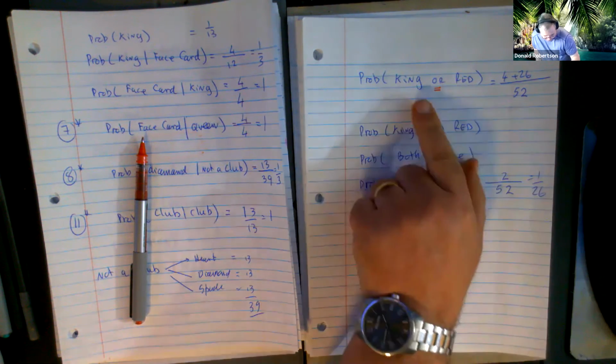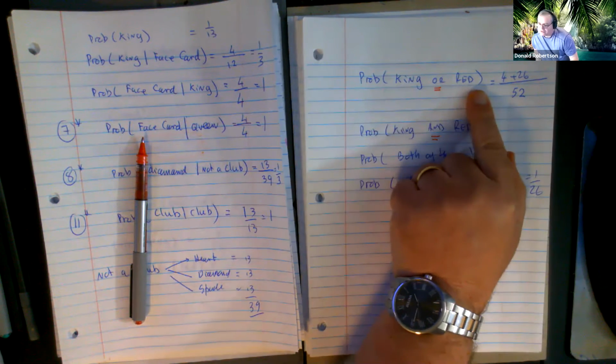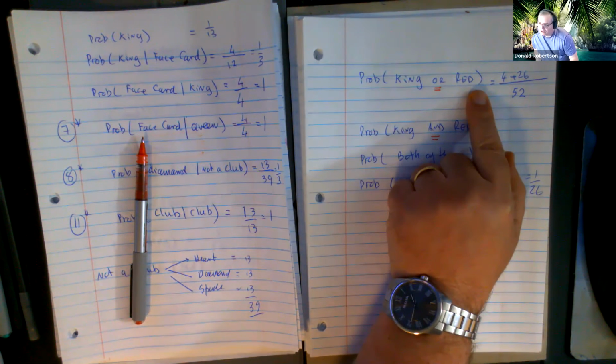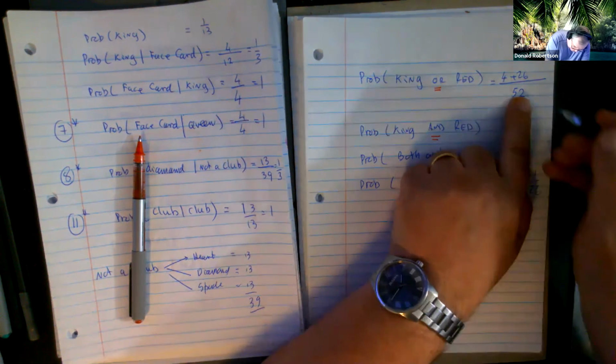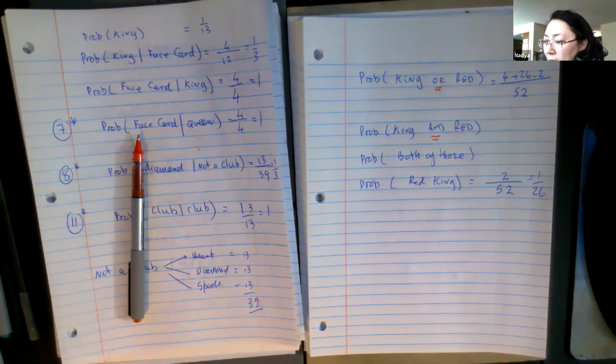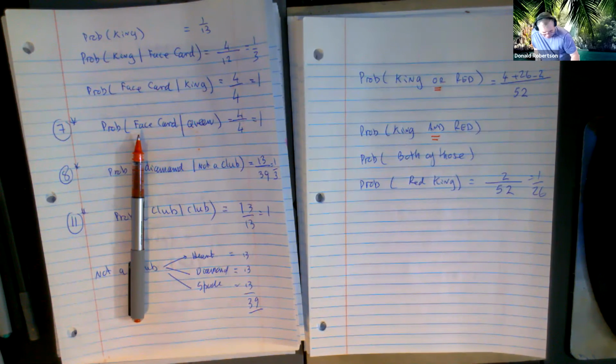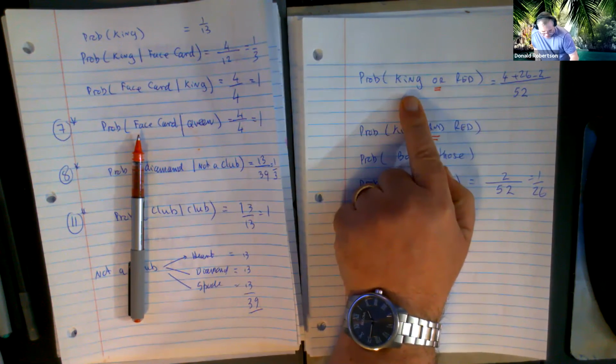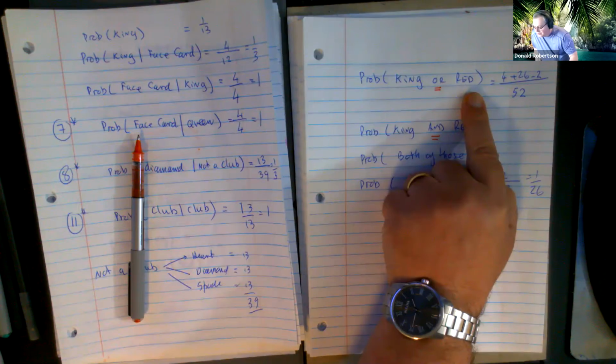Can you see that there are 4 kings and there are 26 reds? But haven't I counted some cards twice here? Haven't I counted red kings twice? Because it's not specified which one is named a king or which one is red. So what you need to do here is 4 kings, 26 red, and then take away the both.